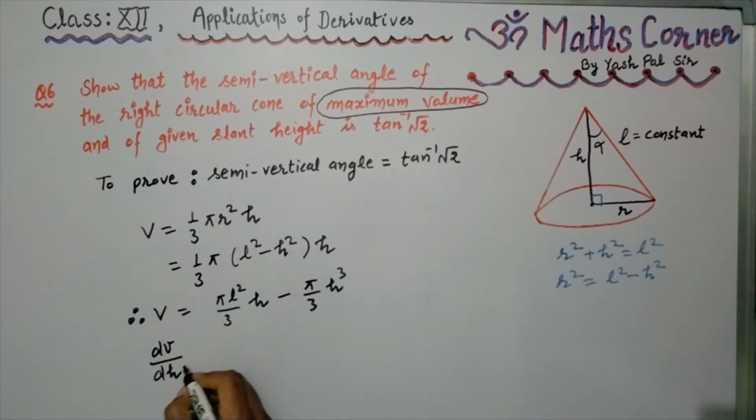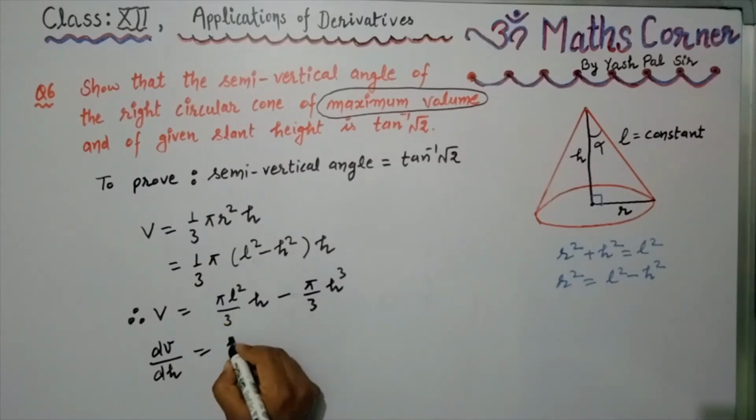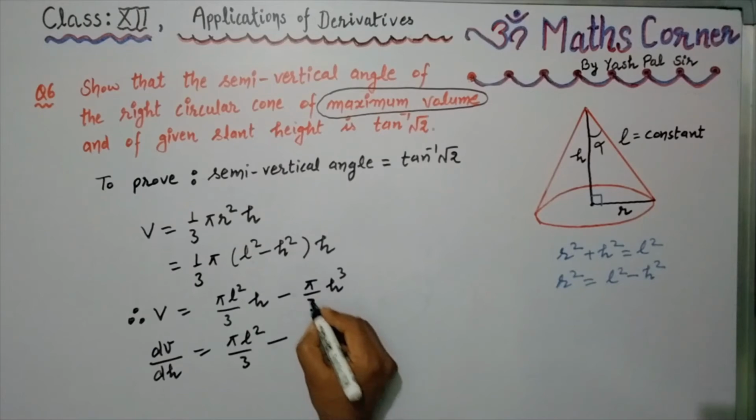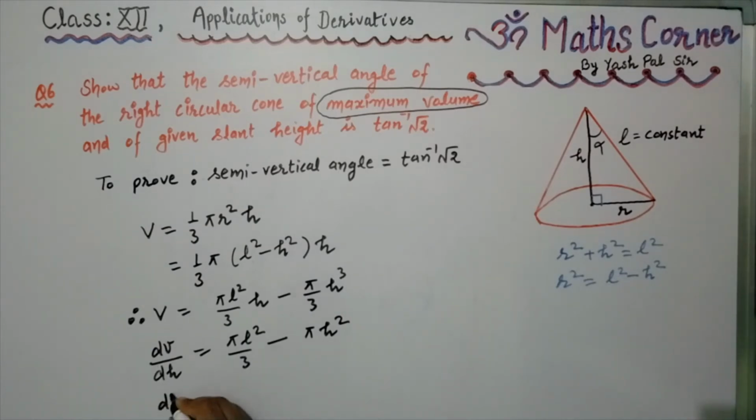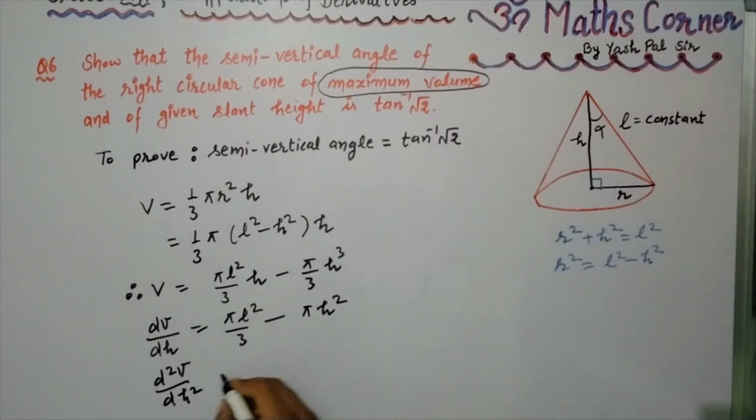Maximum volume, so we apply the double derivative test on volume. First order derivative dV with respect to h, dV/dh, is equal to pi L square upon 3 minus, 3 cancelled, pi h square.